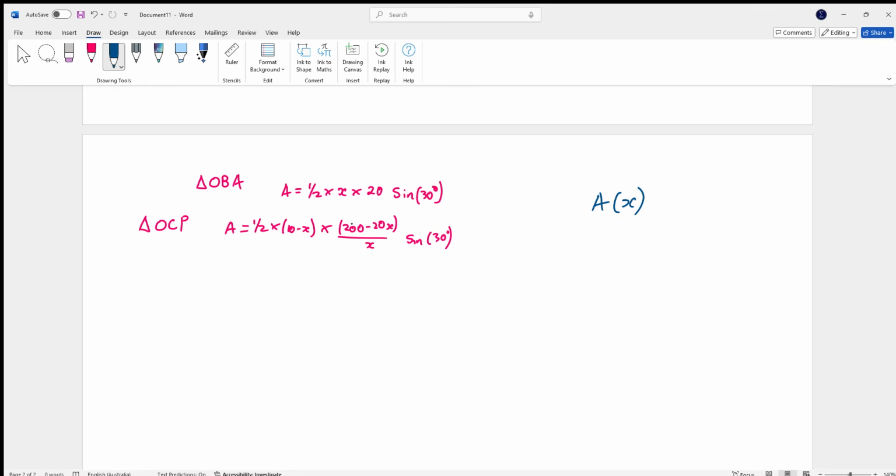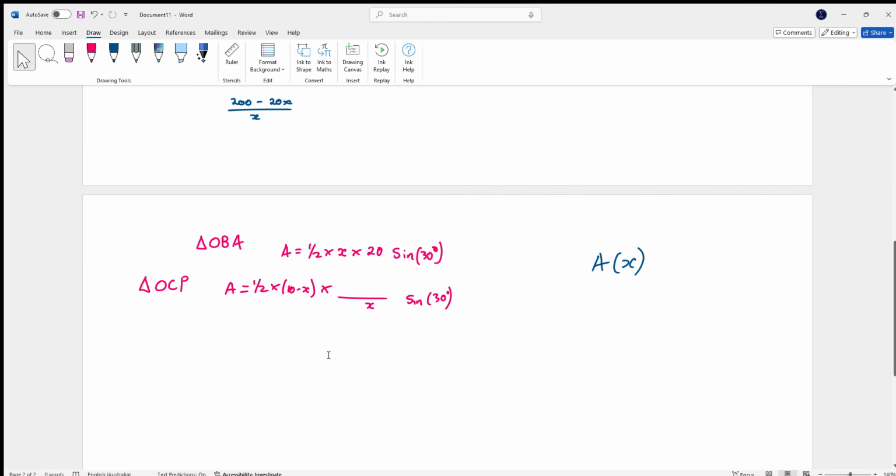Now, realistically, I probably shouldn't have multiplied out that 20. I'm going to factor that out again. So I'm going to write that as 20 times by 10 minus x, because a half times by 20 is going to give you 10. And then here it's the same thing.